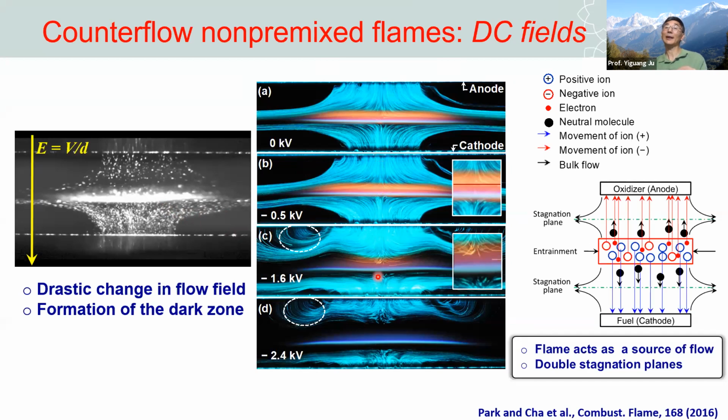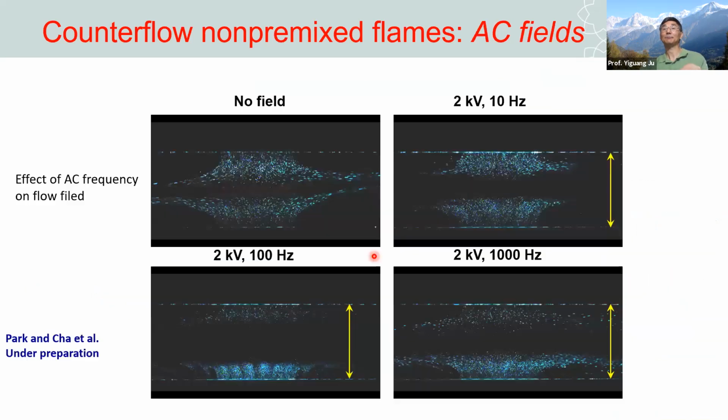So you form one stagnation here, another stagnation here, and in the middle you have a flame, just like this figure. Because you have flow generated by the ionic wind, you generate entrainment of the flow in that direction. This is a beautiful picture showing the dynamics of the effect of ionic wind.